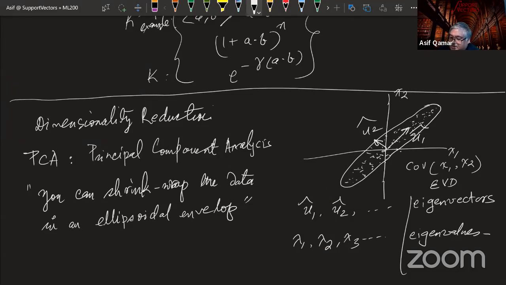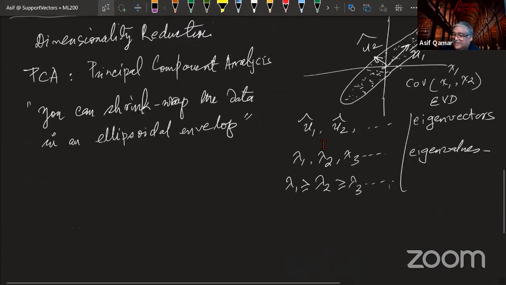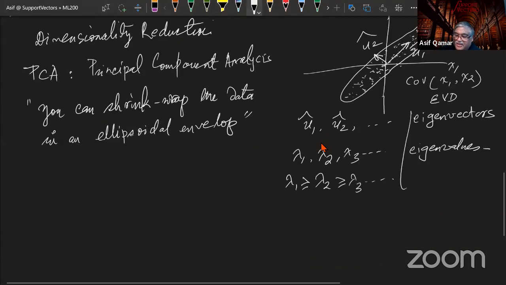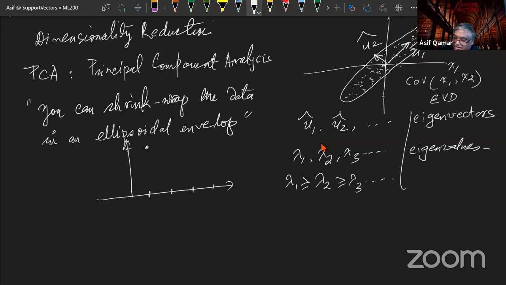And the beautiful thing is that they have an order. Lambda 1 is greater than or equal to lambda 2, which is greater than or equal to lambda 3. And not only is it like that, but it follows an interesting behavior, sort of a power law decay. Quite often you will notice that lambda 1 will be pretty high, lambda 2 will be, if you're lucky, like this, lambda 3 like this, lambda 4 like this.